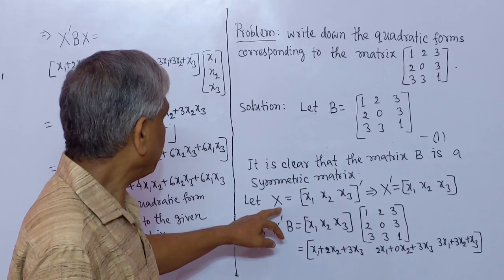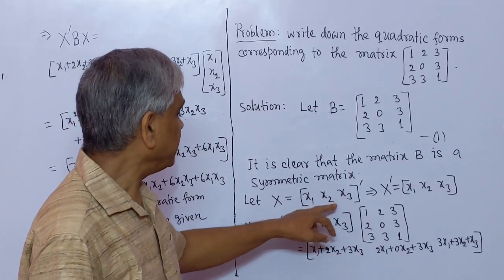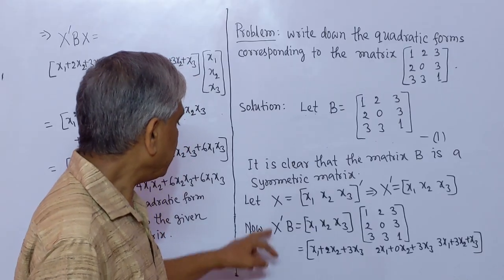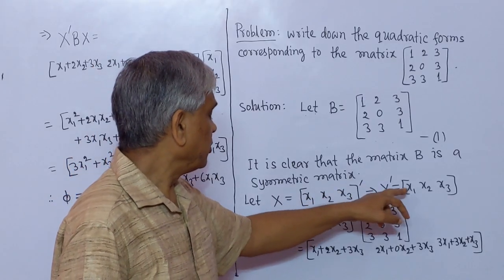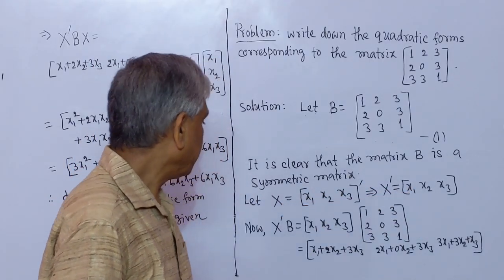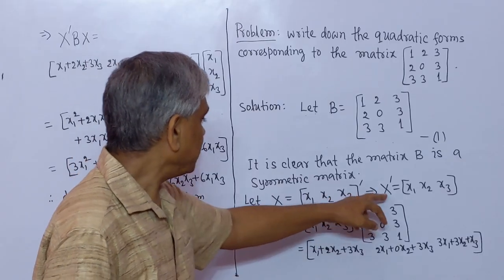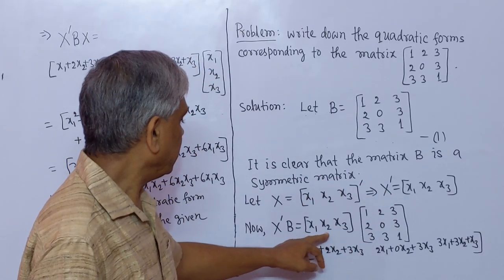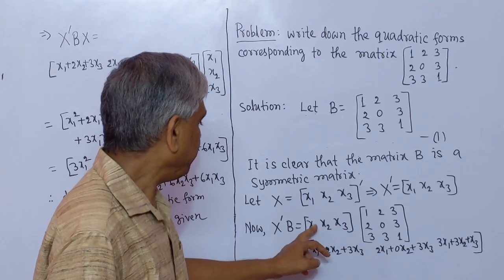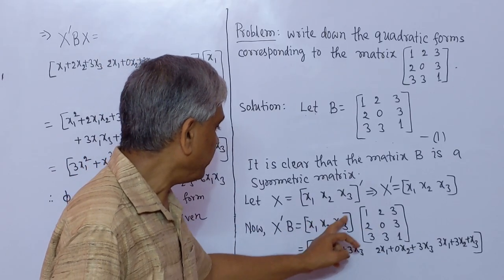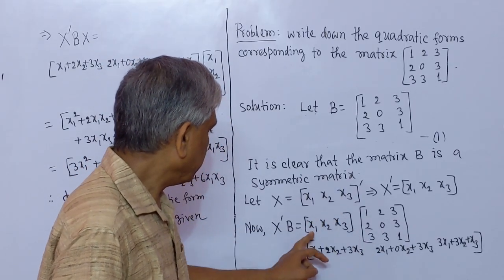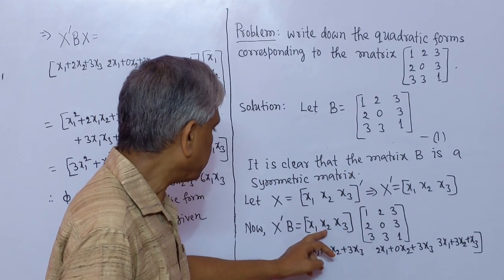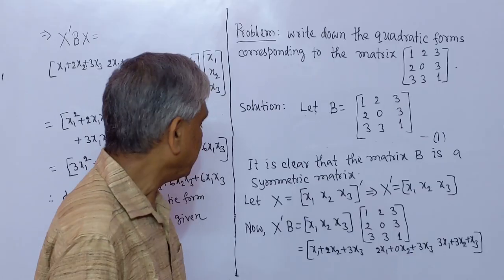Let capital X be a column matrix containing x1, x2, x3. Transpose of X will be a row matrix. Now we multiply transpose of X and symmetric matrix B. Firstly multiply first row with first column: 1 multiply x1, x1 plus 2x2 plus 3x3.